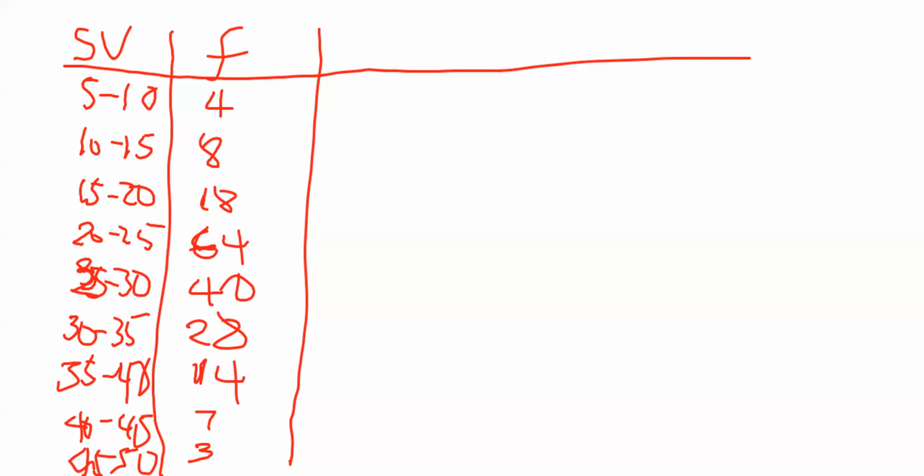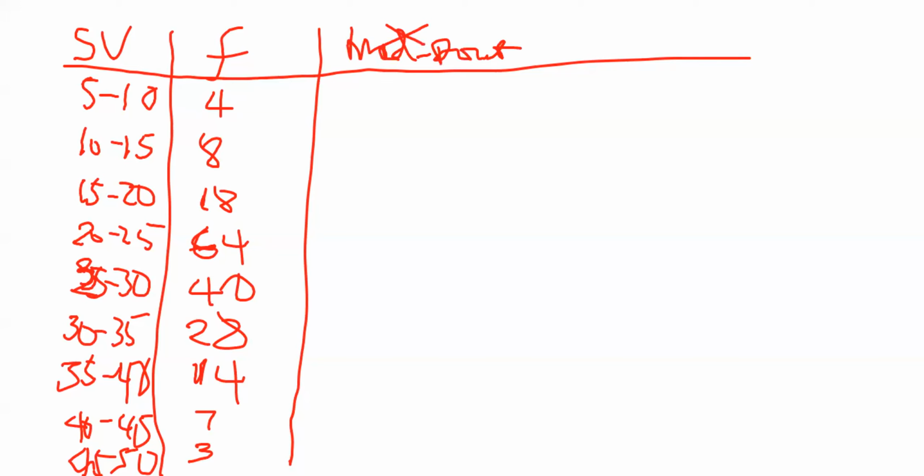What we are looking for is question A. We should find the daily mean sales, and it says we should use the assumed mean approach. They mention midpoint, Abi. So this is our X, the midpoint.